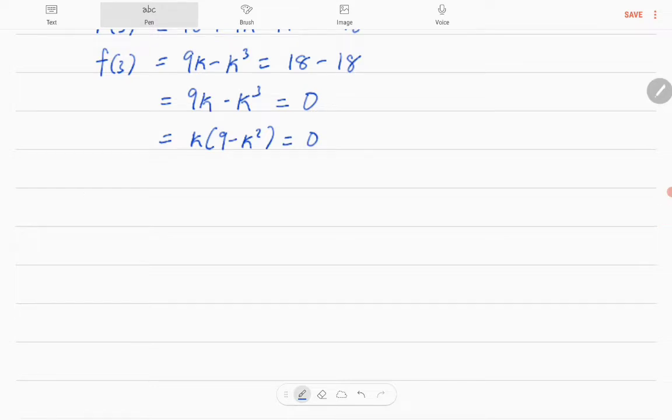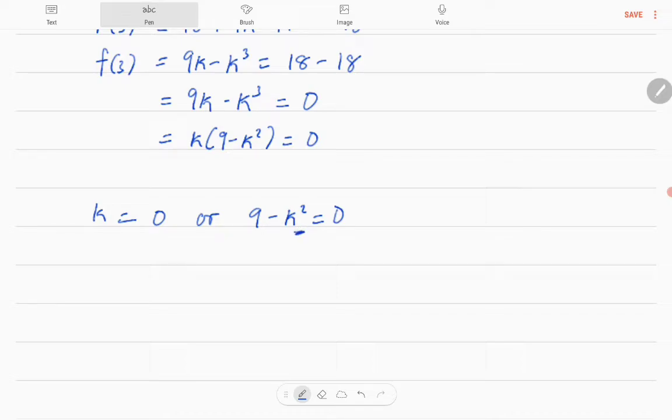We can say k is equal to 0, or 9 − k² equals 0. So we can find our k from here.